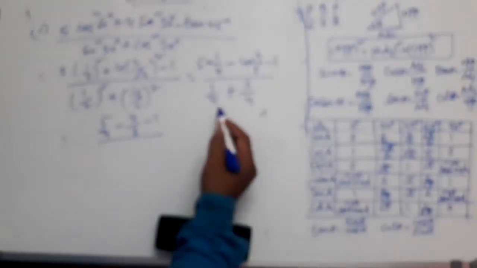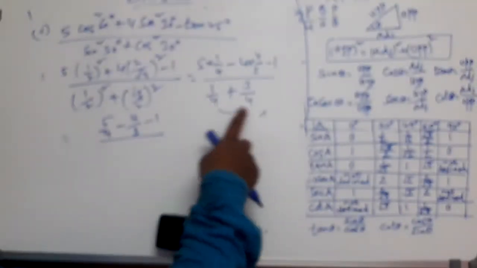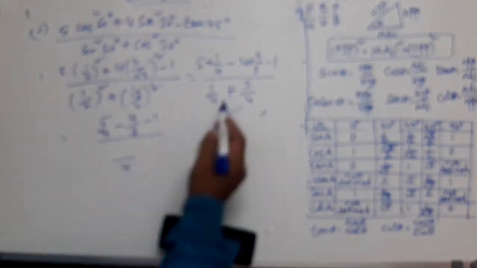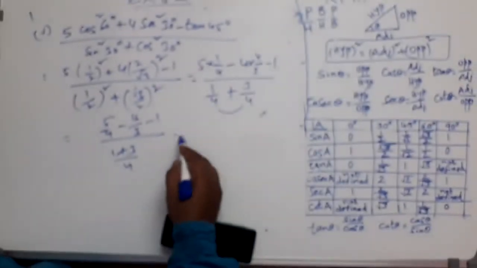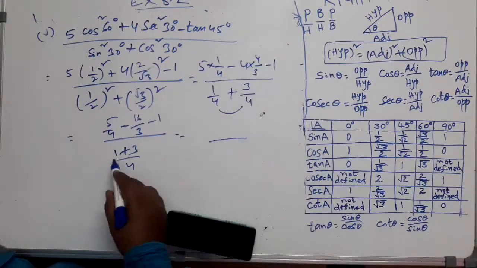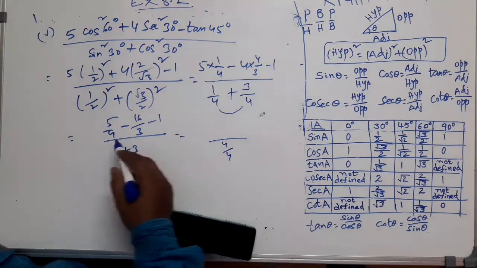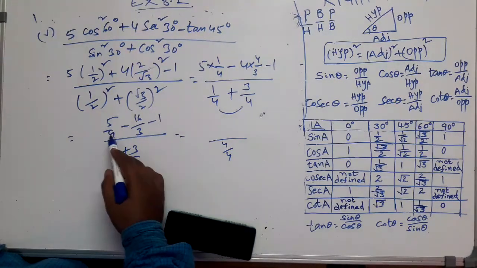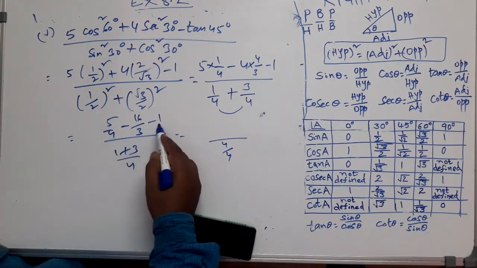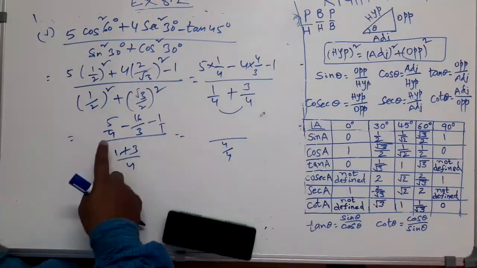upon, what is this? LCM is 4. This numerator is 1 plus 3. Now 1 plus 3 is 4, so 4 by 4, this is of course 1. However, the numerator, let us take LCM. What is LCM here? You can imagine 1 here, right? 4, 3, 1.